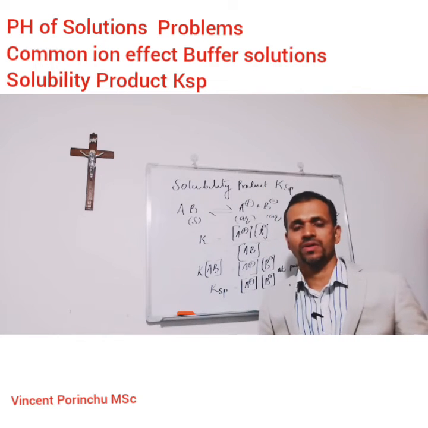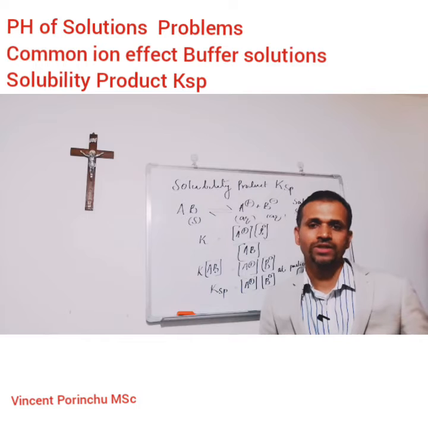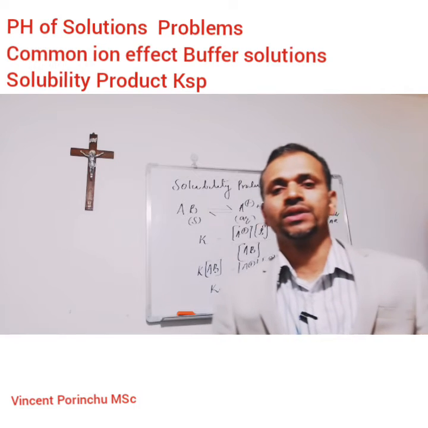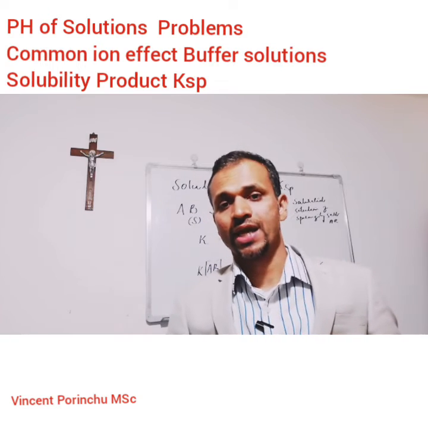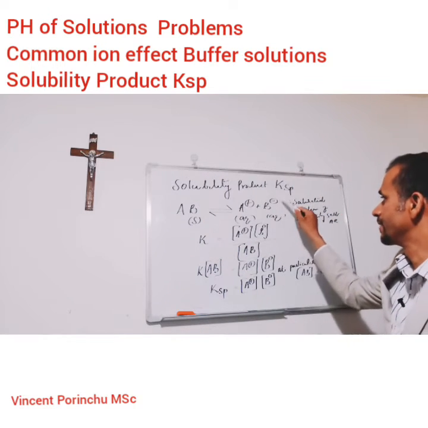The equilibrium constant K is the ratio of the product of the active mass of products divided by the active mass of reactants. Here the products are A positive and B negative.